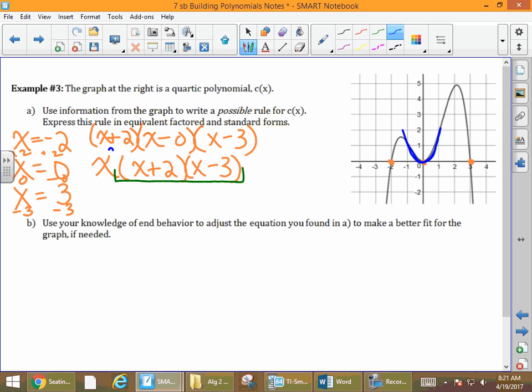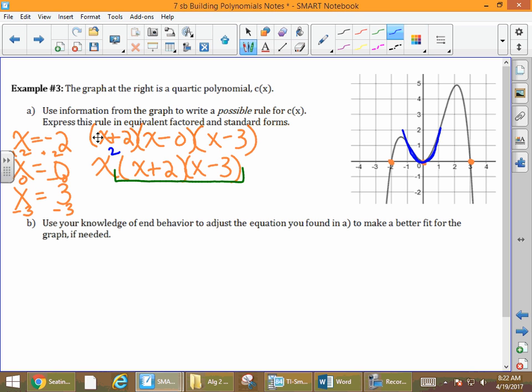So we're going to get a 2 right there. And then finally over here at 3, it looks like a line. So that one's also going to be a 1. Now we still need to multiply the two binomials together first. But we needed to recognize the multiplicity within this problem.